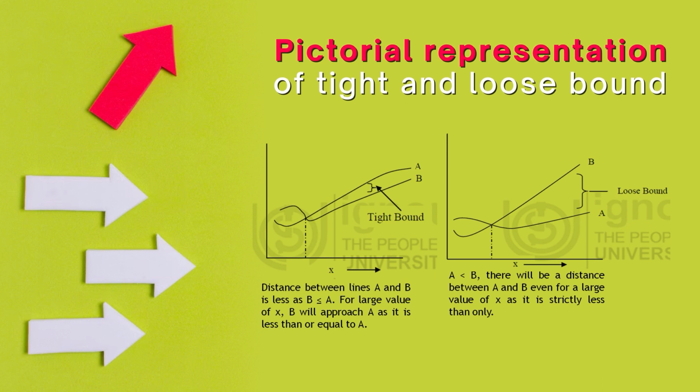In the first figure, as X increases, A moves towards B, but in the case of A less than B, that is a loose bound, A and B move far away for greater values of X, or you can say larger values of input size. So this is the tight bound and this is the loose bound.